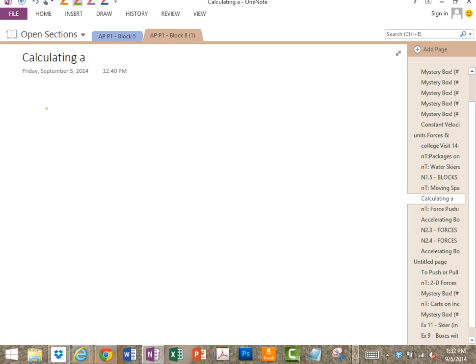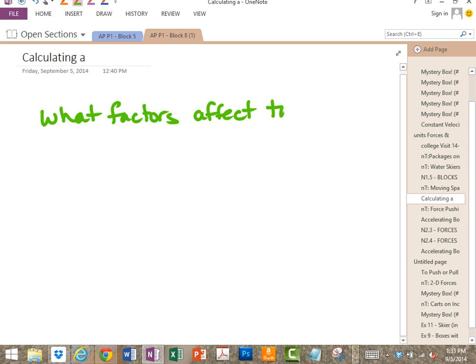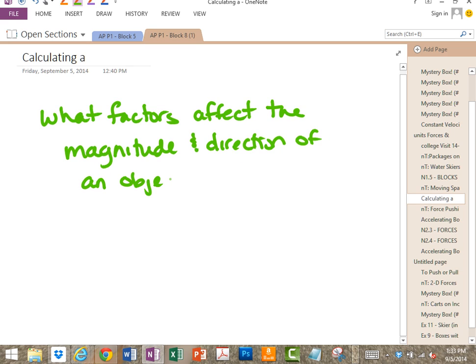So the question that we're trying to answer right now is, what factors affect the magnitude and direction of an object's acceleration? What things affect the magnitude and direction of an object's acceleration?